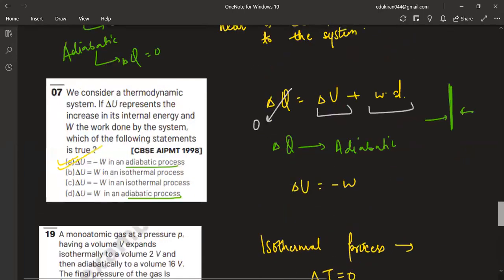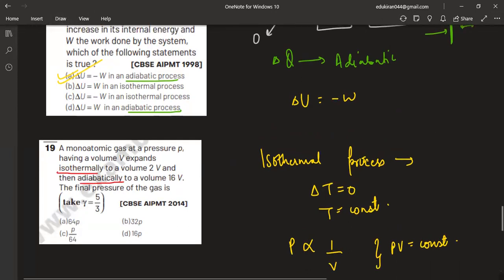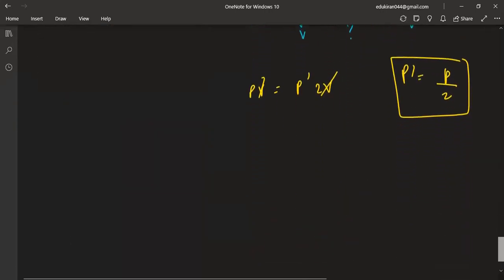Now coming back to the question. Initially, the question was mentioning that this expanded isothermally. Now it expands adiabatically to a volume 16V, with gamma equal to 5/3.